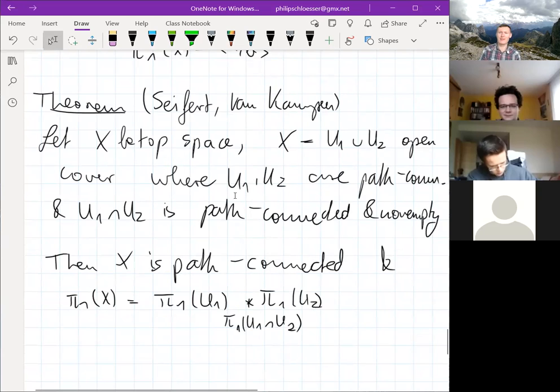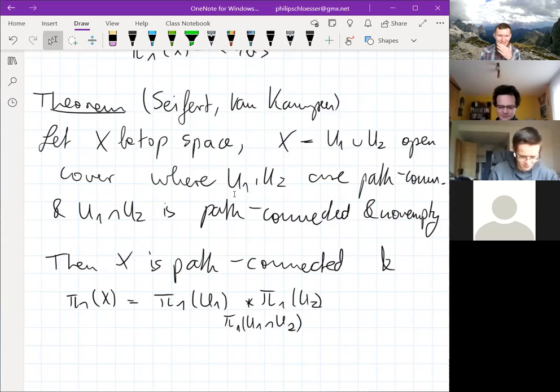So what is this amalgamated product? Firstly, it is the big reveal answer to the question, what is the fiber coproduct in the category of groups? Yeah, enough said.